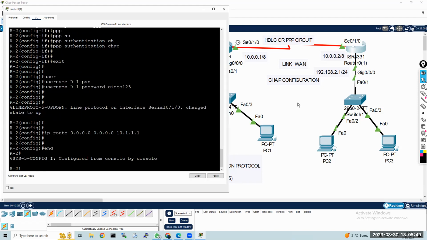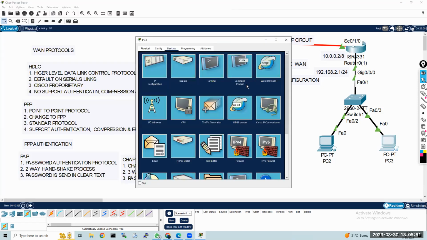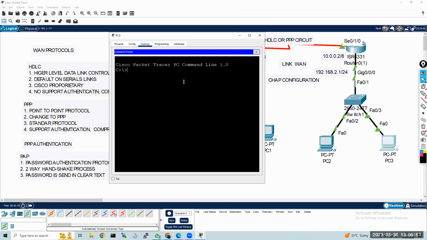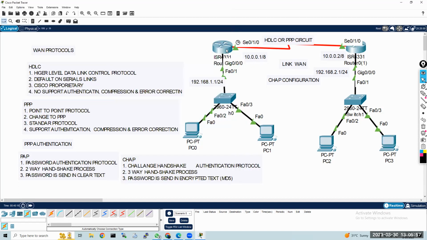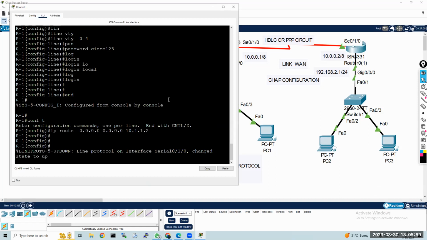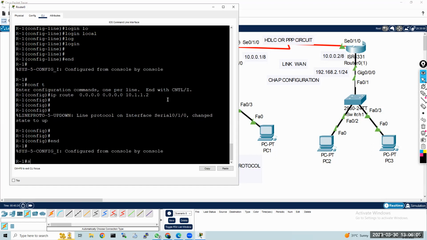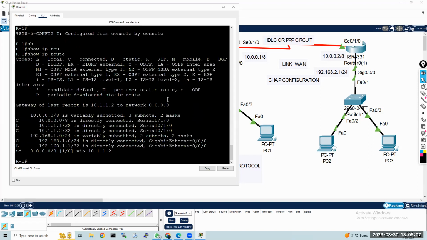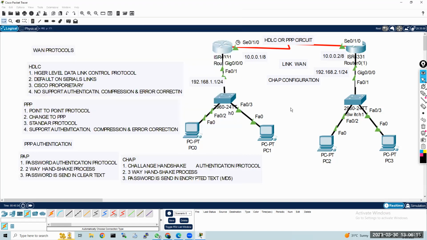So can you do telnet from here? Actually, it's 10.0.0.1 and 10.0.0.2. The network you've given, you've taken as 10.1.1. Let's see, show ip route. Yeah, see, it's a 10.0 network only because it's a class A, right?